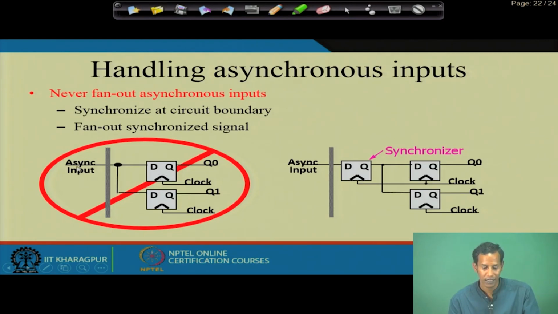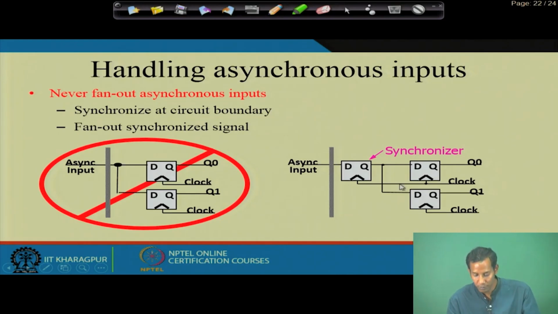If we connect them directly, one path is longer than the other. So, at the very boundary, we need to put this synchronizer.